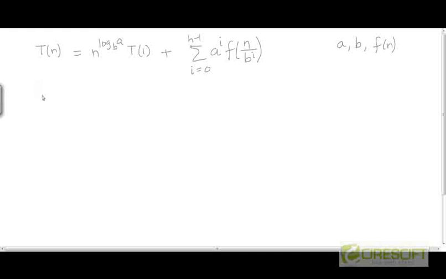So there are going to be three cases. And those three cases are the outcome of comparing n to the power log of a base b with f of n.